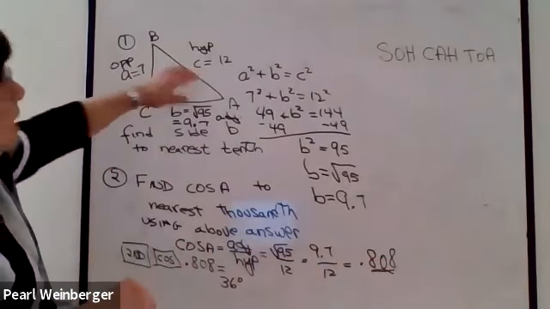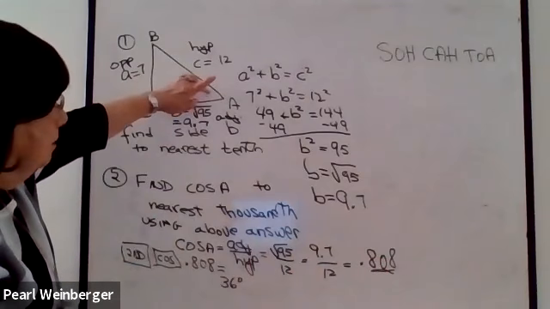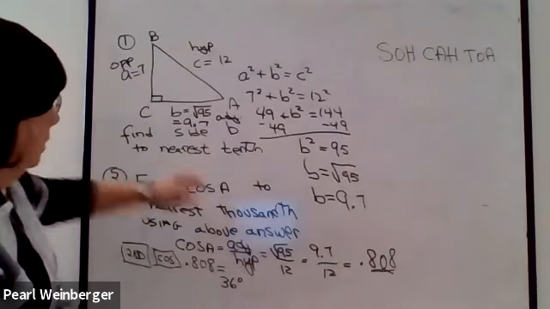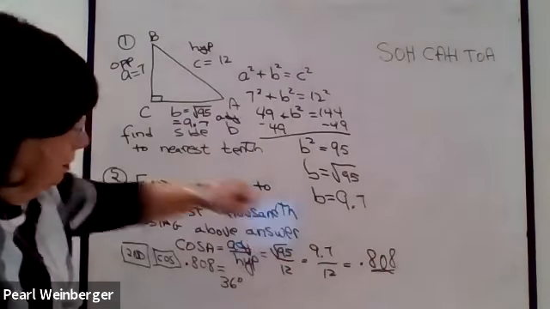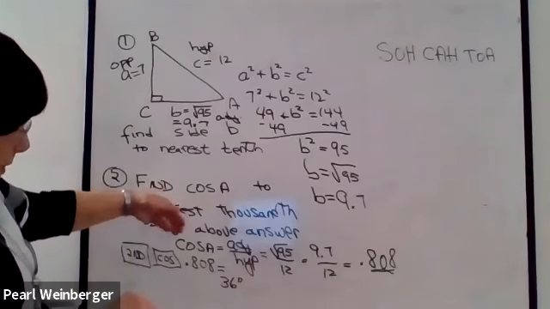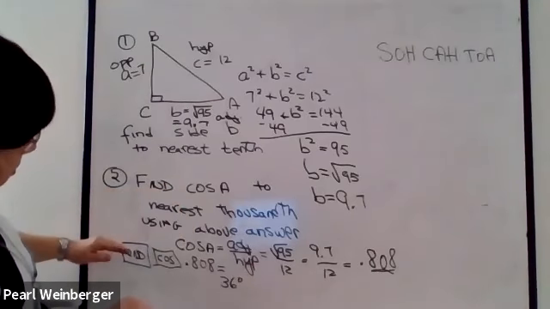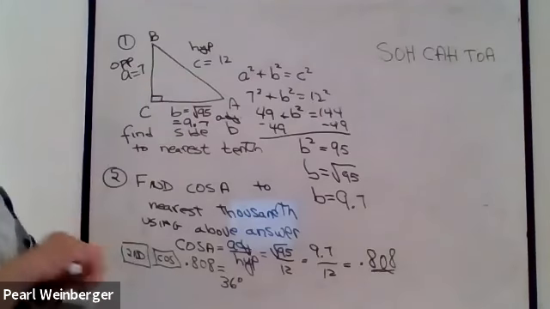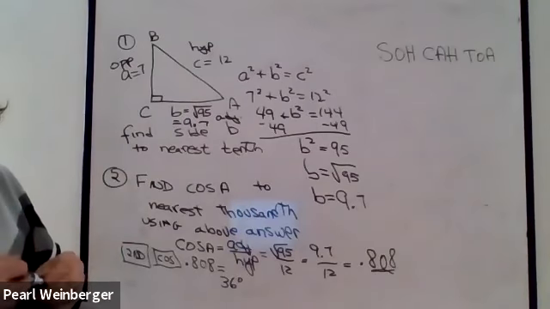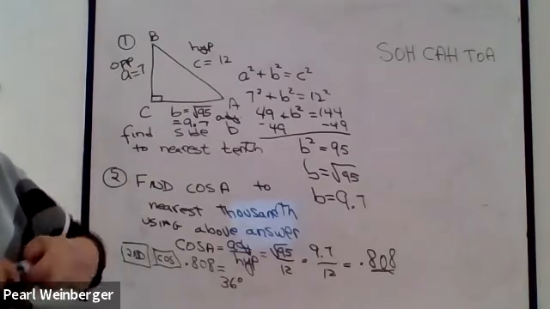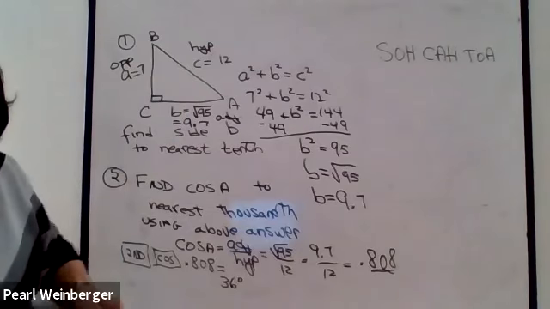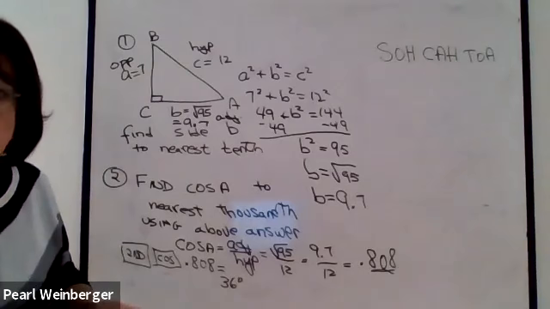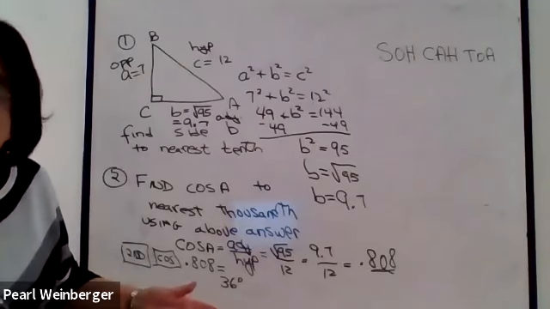But if we had wanted to find out actually how big angle A is, all we'd have to do is take that number, do second cosine, because this is the cosine, put in that number, and it gives us the angle. Again, that's something that you'll do when you take your next course.